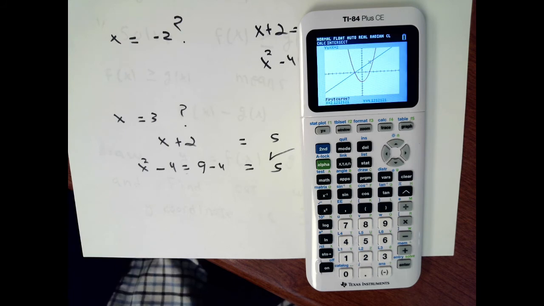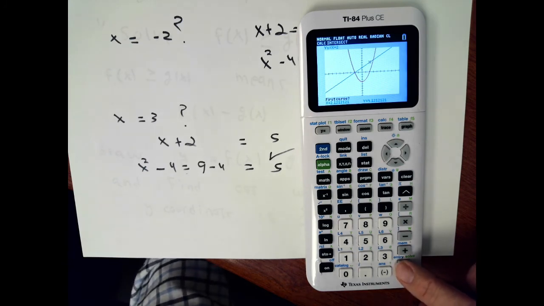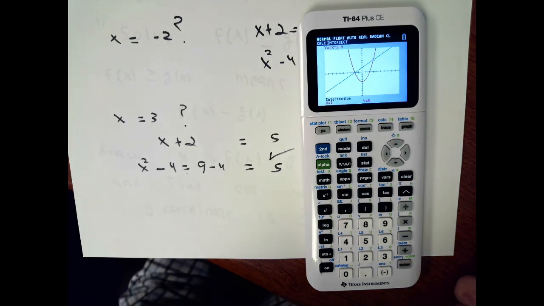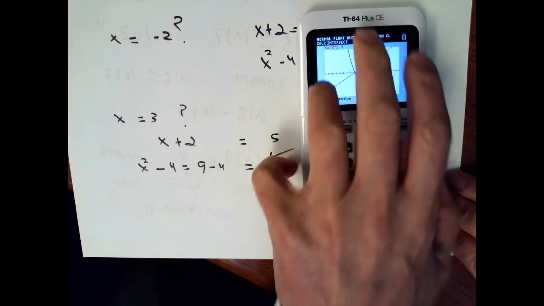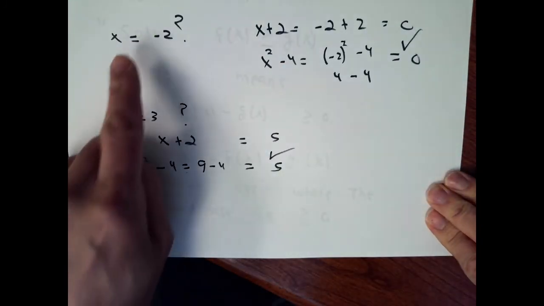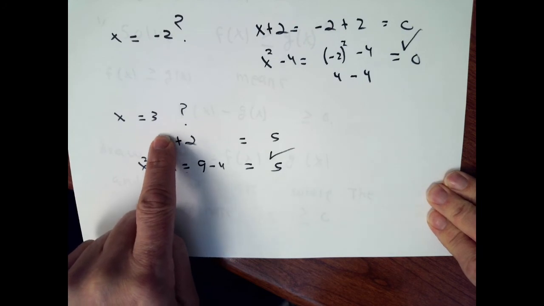I already know where it's at. The first curve now is the blue curve, red one, and I'll use where I'm sitting at as my guess. And it comes back and tells me that x is 3. Allegedly, my solutions are x equals negative 2 and x equals 3.